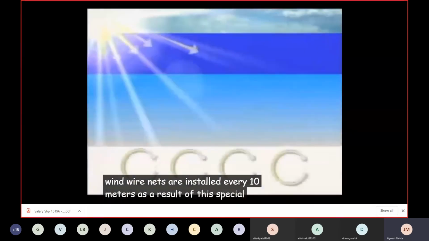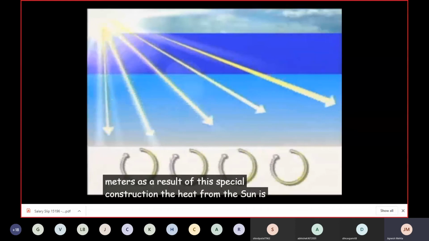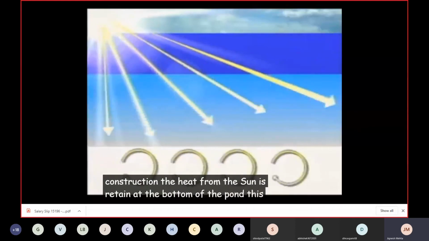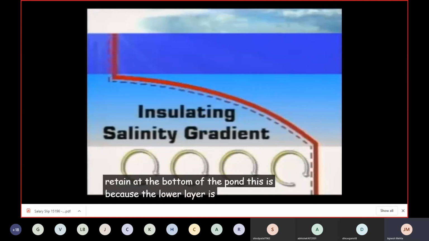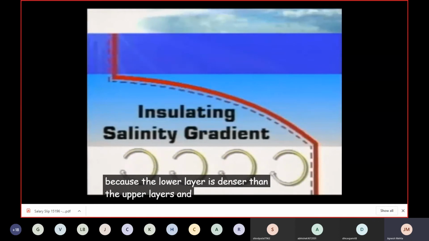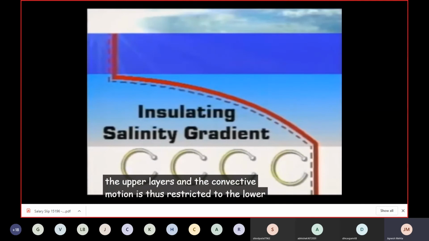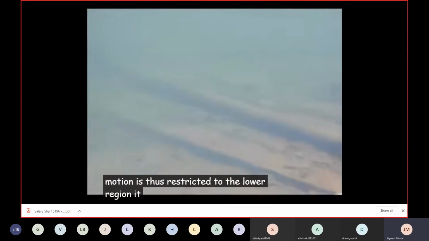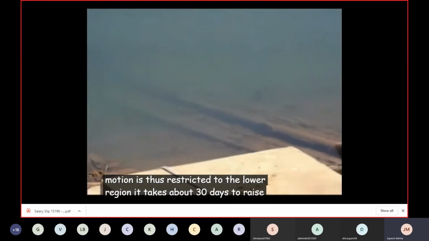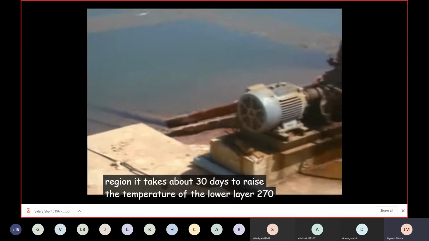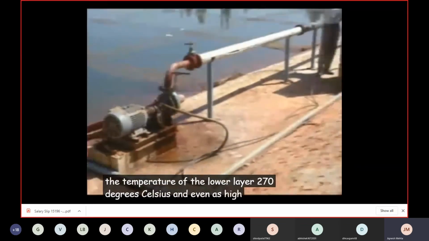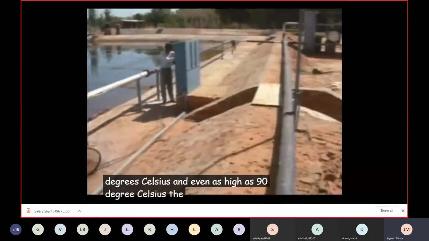As a result of this special construction, the heat from the sun is retained at the bottom of the pond. This is because the lower layer is denser than the upper layers, and the convective motion is thus restricted to the lower region. It takes about 30 days to raise the temperature of the lower layer to 70 degrees Celsius and even as high as 90 degrees Celsius.